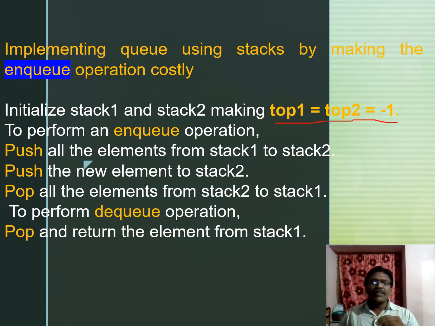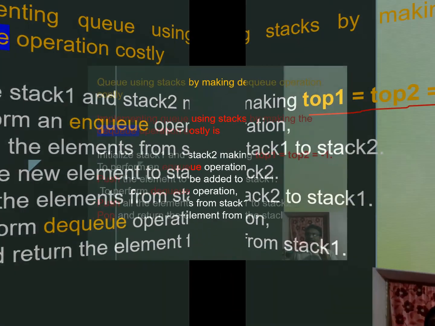Push the new element to stack 2. Pop all the elements from stack 2 to stack 1. To perform a dequeue operation, pop and return the element from stack 1. This is the algorithm of queue using stack by making the enqueue operation costly.